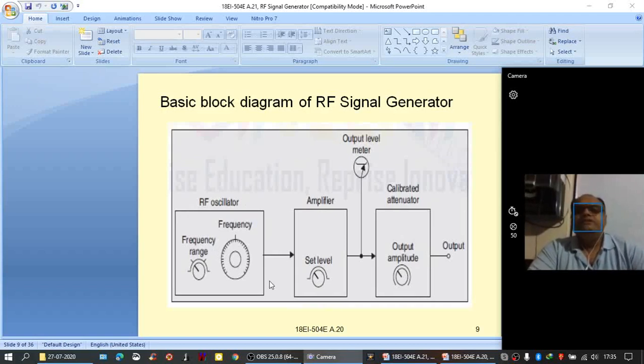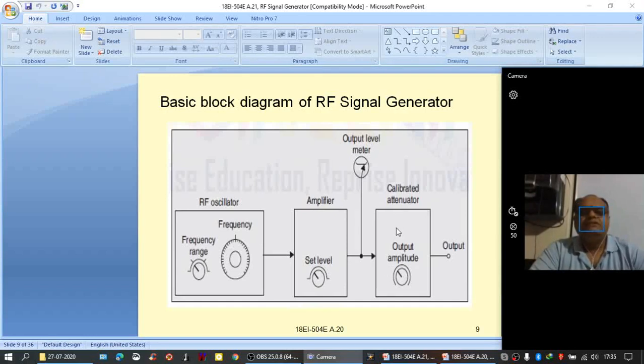The output of this RF oscillator is given to an amplifier. What is the basic purpose of an amplifier? The basic purpose of an amplifier is to set the magnitude level of the radio frequency signal to the preset value of the calibrated scale in the attenuator.